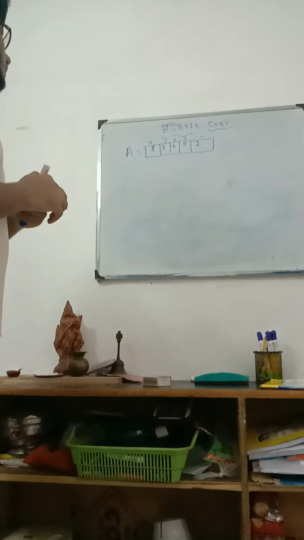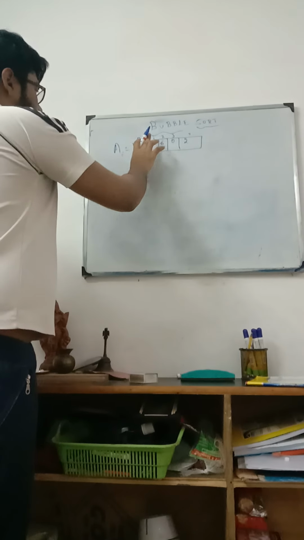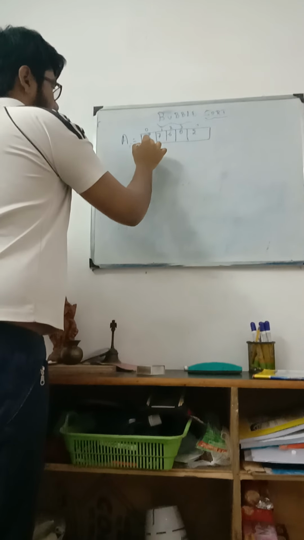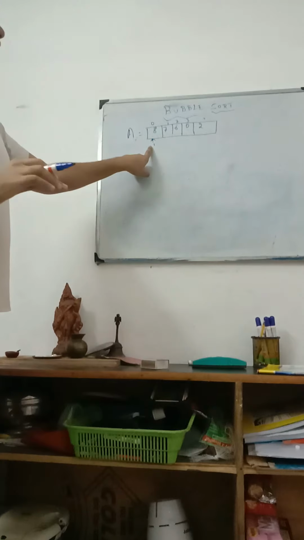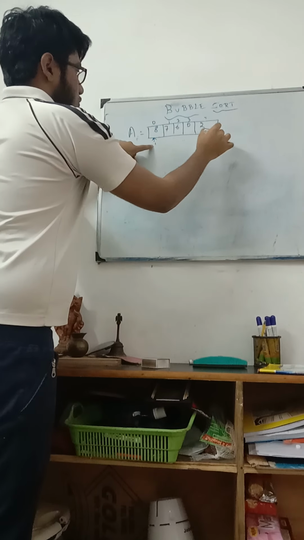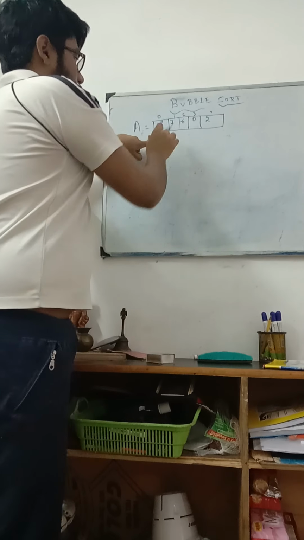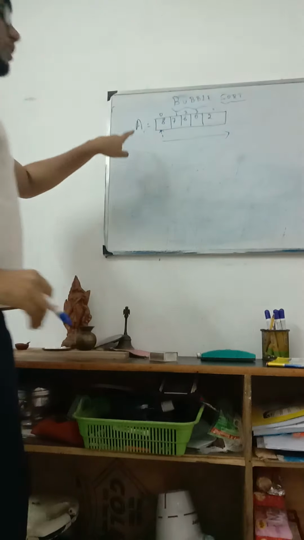Suppose in a loop we take the 0 index as I. We start from 0, and take a variable I which will traverse from 0 to the last element, which is 4.